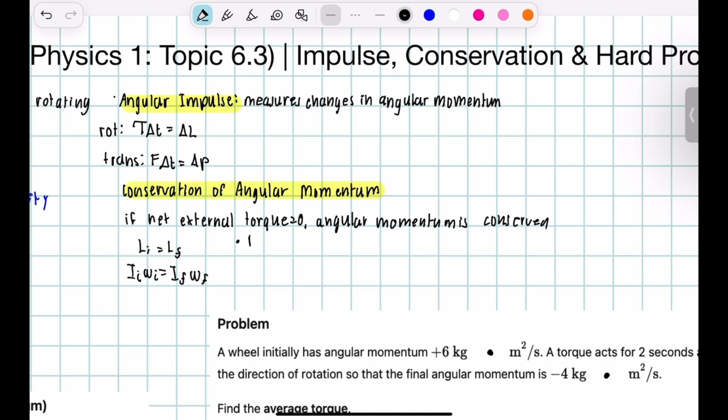This happens when you have no external torque. The pivot forces act at the axis, and also the internal forces cancel.